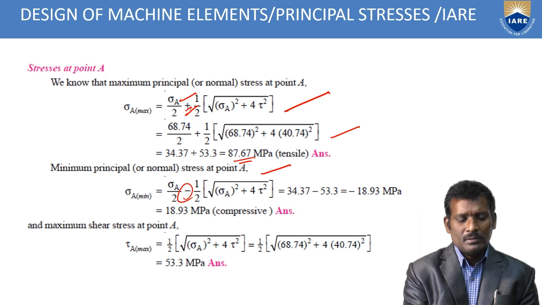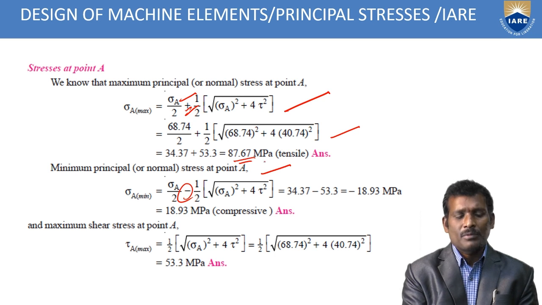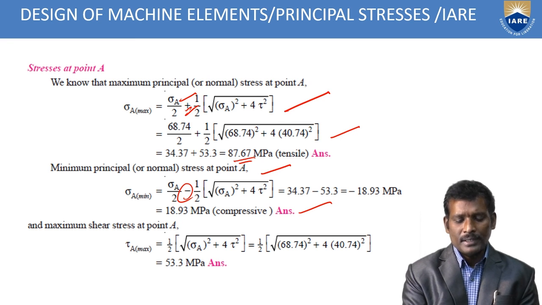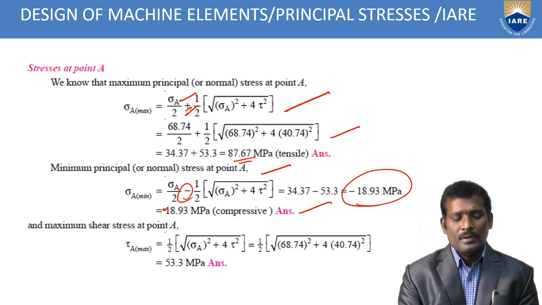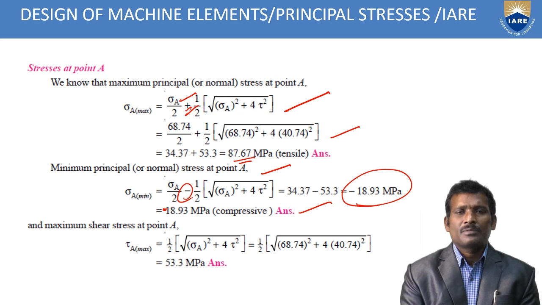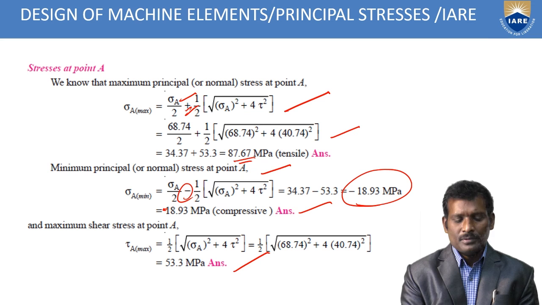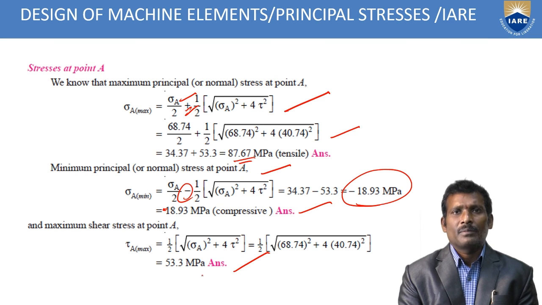So use these signs for the calculation of maximum and minimum principal stresses. So we will get, at point A, 18.93. So this is a negative symbol, so the compressive nature. Similarly, calculate the maximum shear stress at point A. So half multiplied by the square root of sigma A square plus 4 tau square. So you will get 53.3 megapascal.